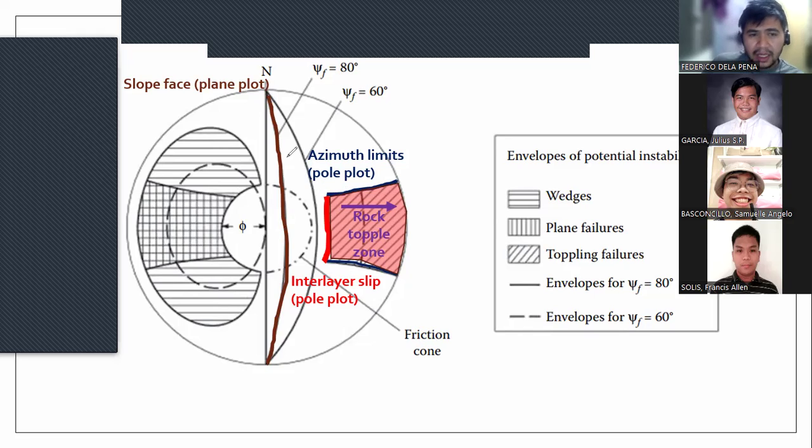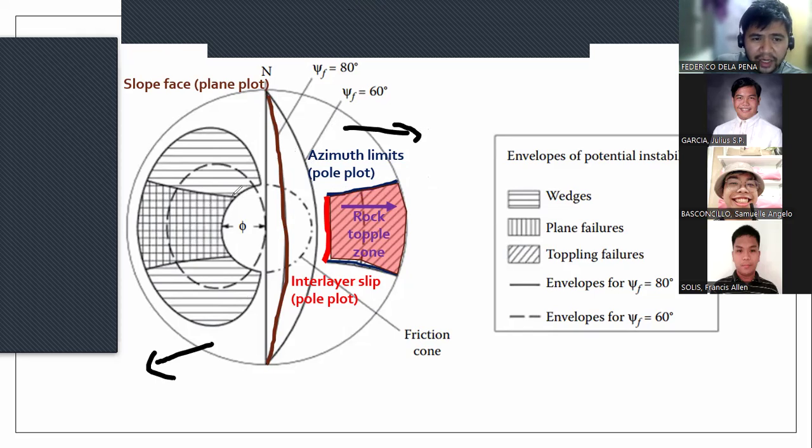Okay. But now, since we're talking about toppling, we have to flip things again. You have to do another flip here. So if you remember in the toppling, the slope face has to be opposite of the discontinuity azimuth.